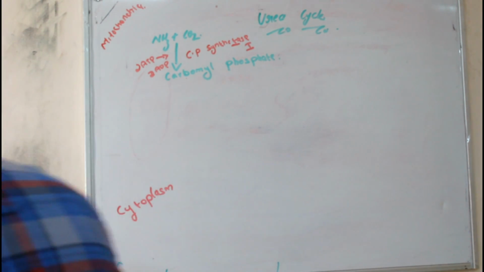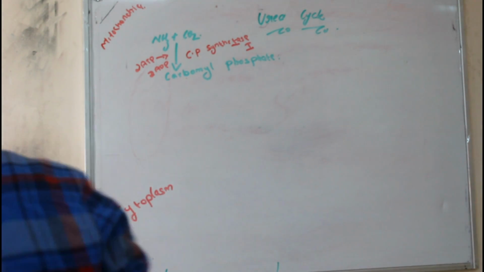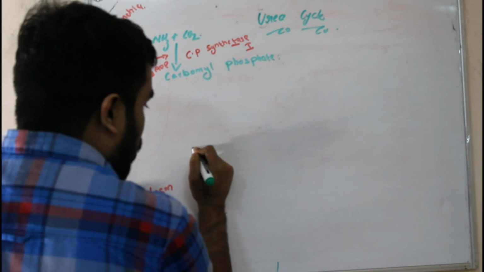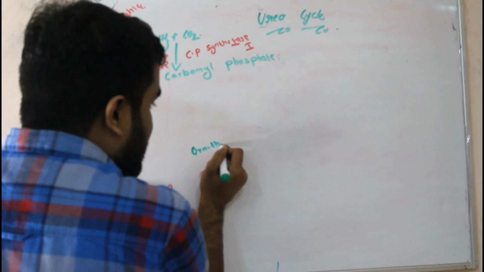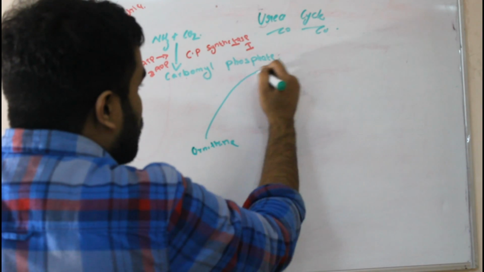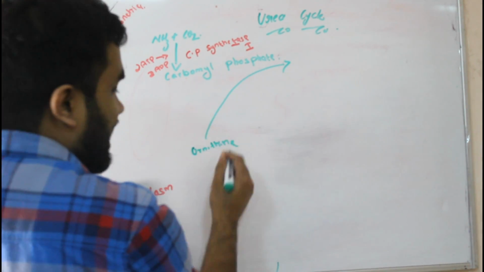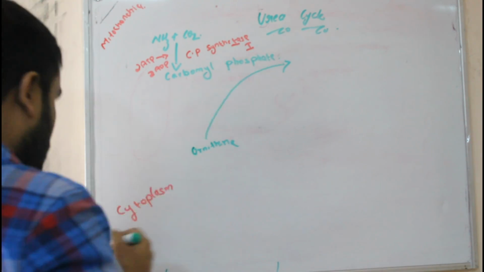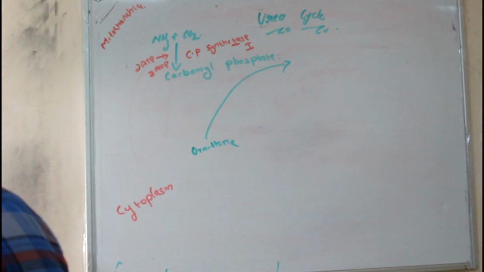Now the next step: ornithine, which is already present in the cytoplasm, will be transported to the mitochondria by a transporter, ornithine transporter 1.